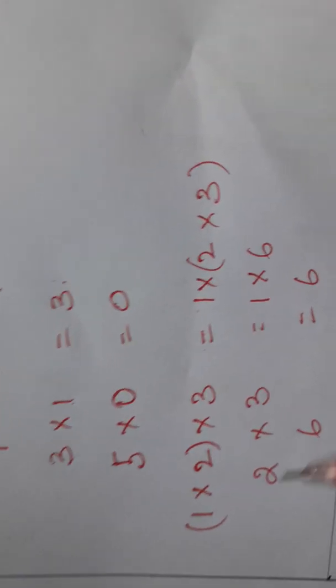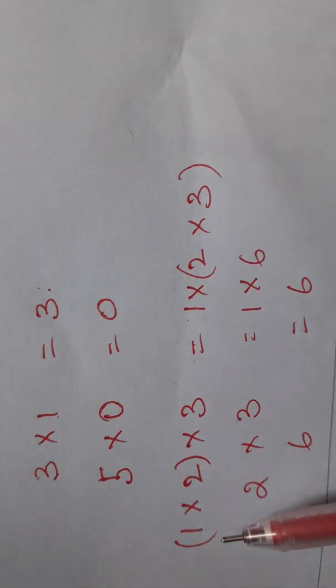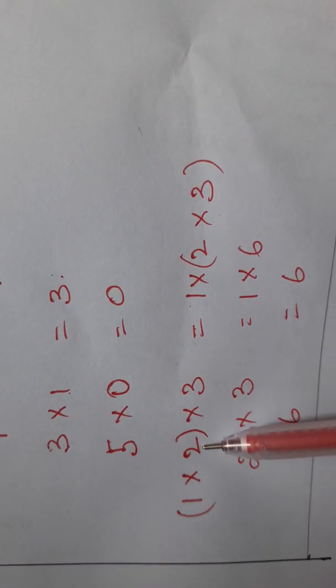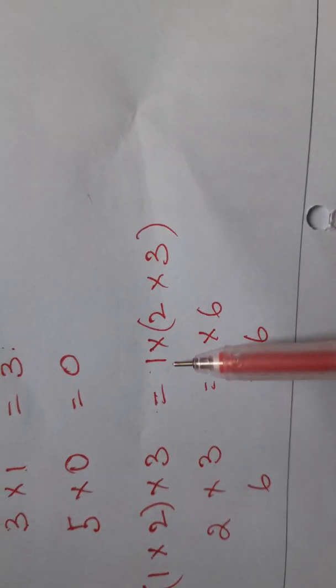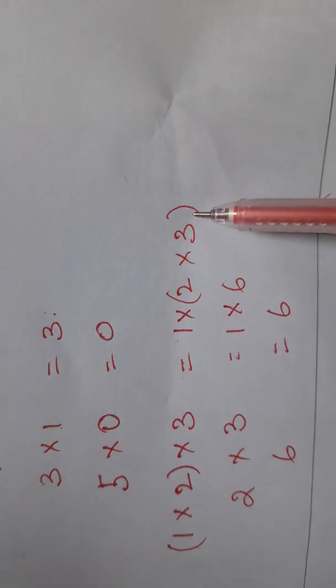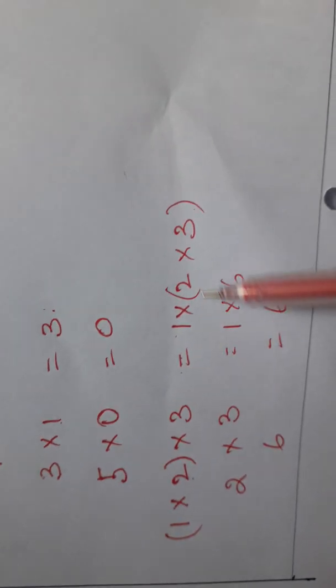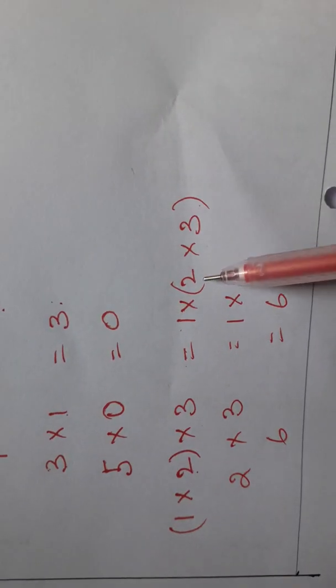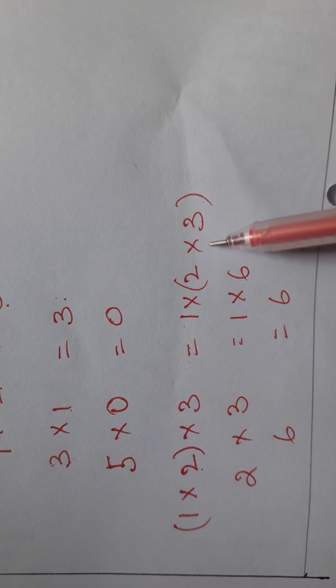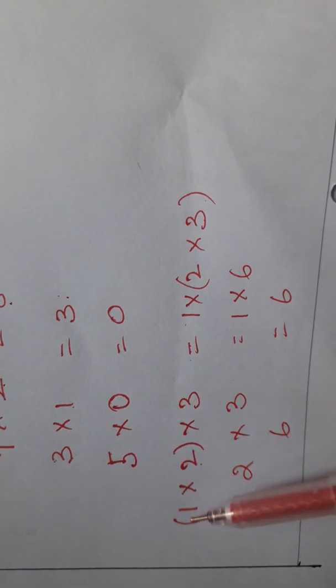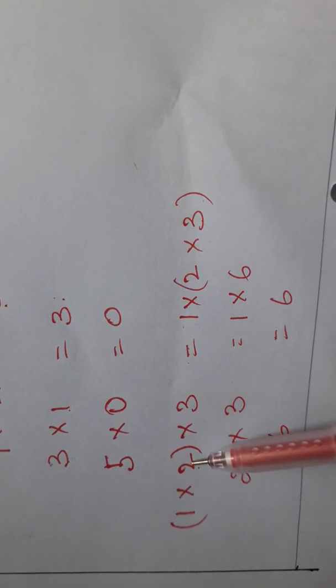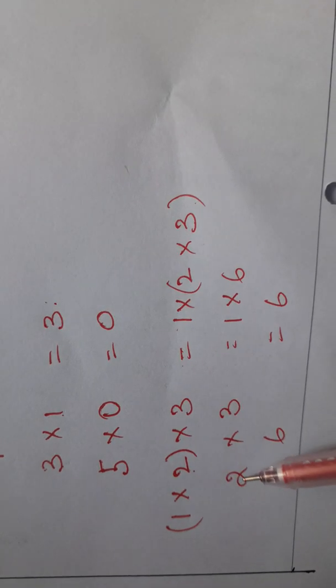And if we take three numbers and multiply, see 1 into 2 into 3, here also 1 into 2 into 3, and the grouping on the left is the first two numbers and on the right side is the last two numbers multiplied. Whenever brackets are given, we will multiply whatever is in the bracket first.